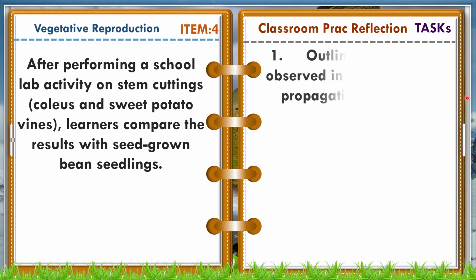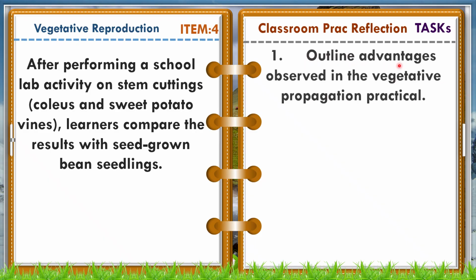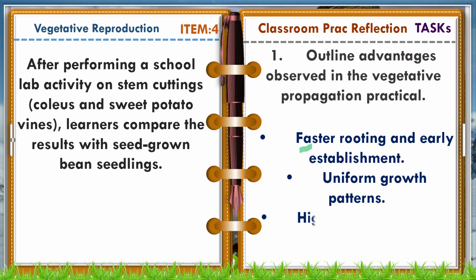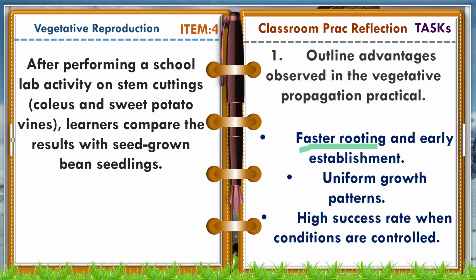Task: outline advantages observed in vegetative propagation practical. Faster rooting and early establishment. There is uniform growth pattern. There is high success rate when conditions are controlled.